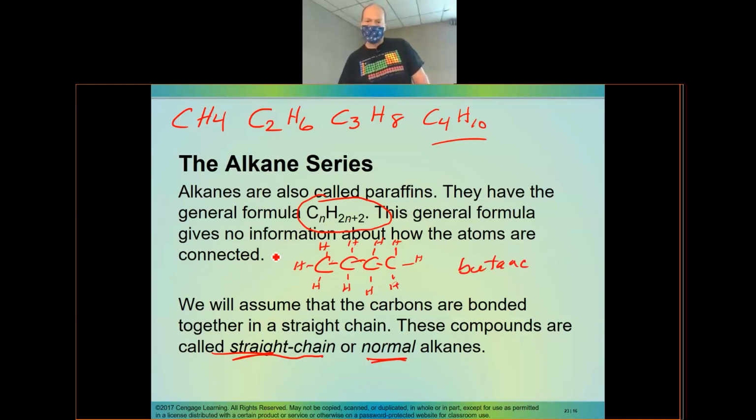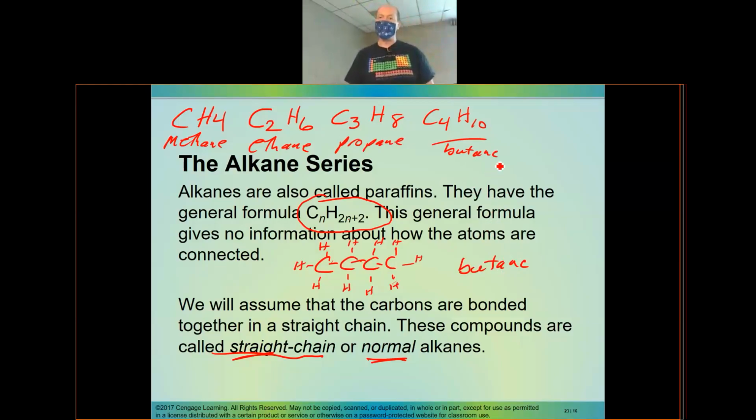So you will have to memorize that 1 carbon is methane, and there's a chart on this as well. 2 carbons is ethane. 3 carbons is propane. 4 carbons is butane. Now, the remaining ones are much easier. So 5, all right, so we already know that 5 is a pentane.